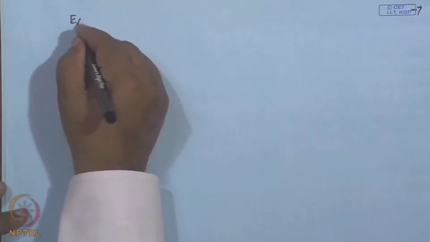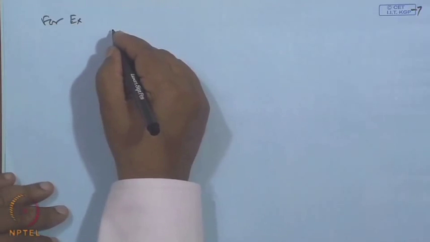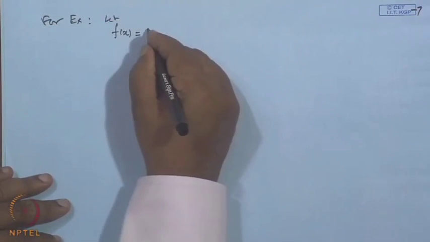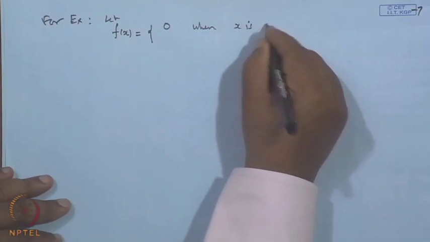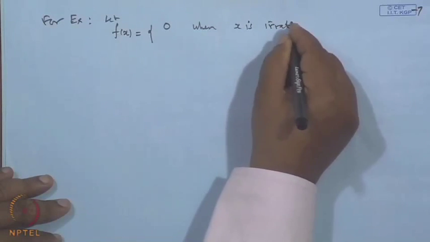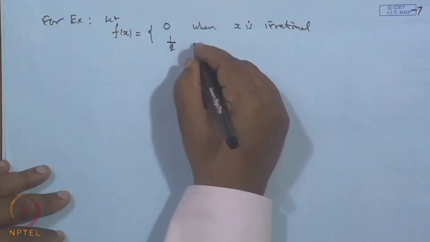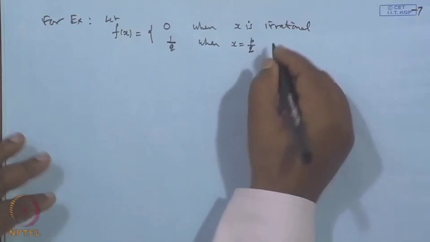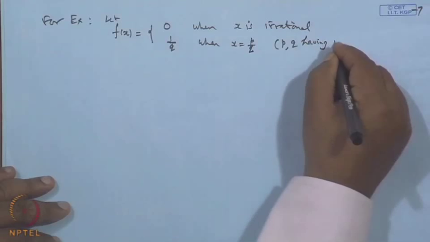For example, let us take this problem. Let f(x) be defined as 0 when x is irrational and defined to be 1/q when x is of the form p/q, p and q having no common factor.